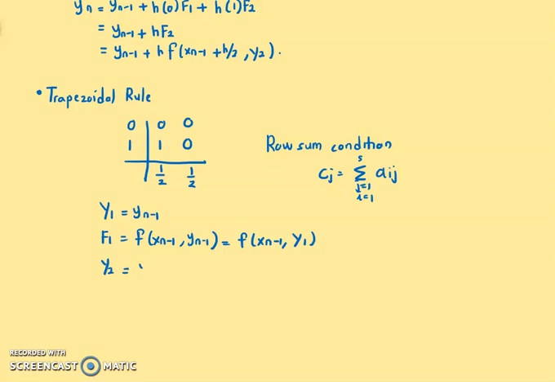Now Y2 will be yn minus 1 plus a is 1, so we have h f1 plus 0 here, h f2. Now f2 is the function f of xn minus 1 plus c h, Y2.